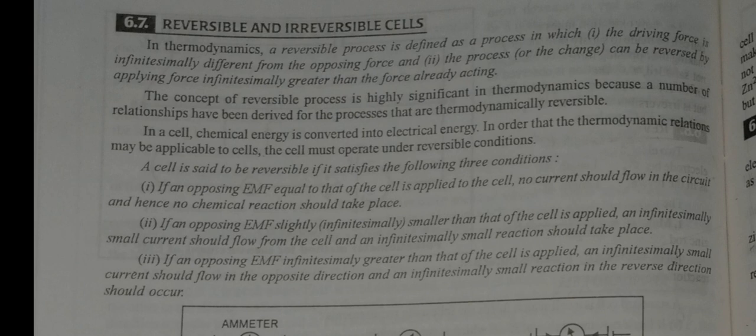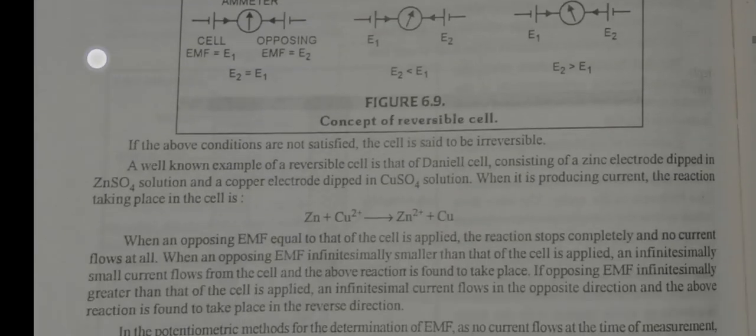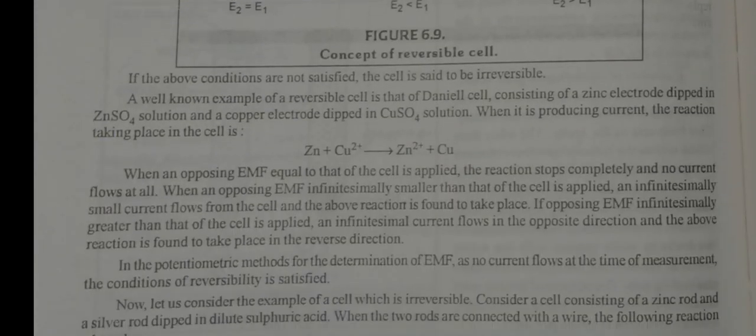Third, if an opposing EMF infinitesimally greater than that of the cell is applied, an infinitesimally small current should flow in the opposite direction, and an infinitesimally small reaction in the reverse direction should occur. If the above conditions are not satisfied, the cell is said to be irreversible.